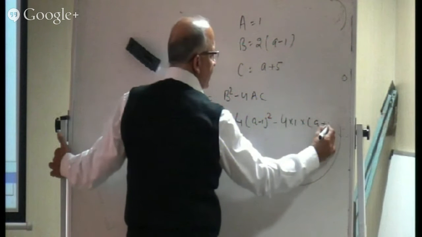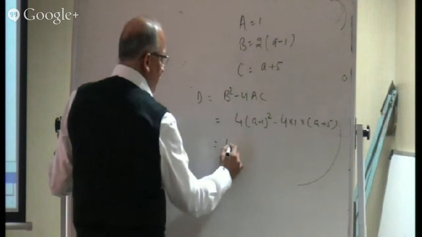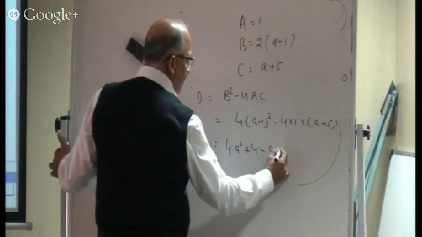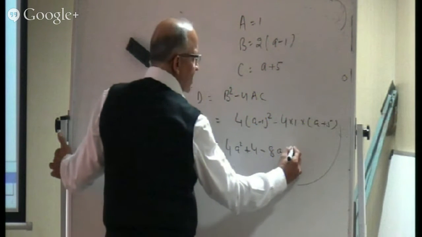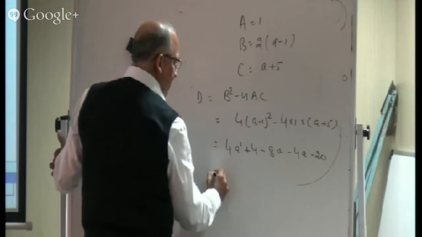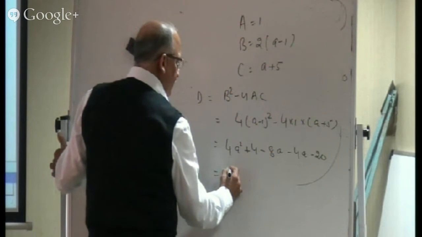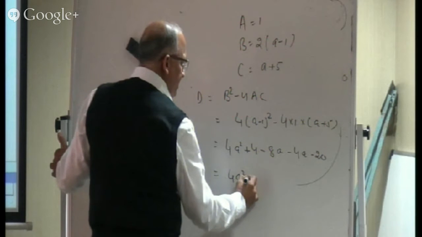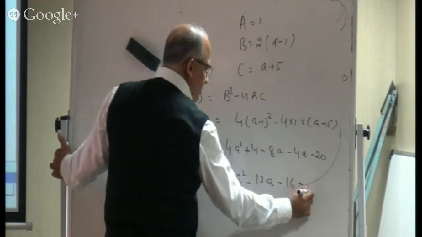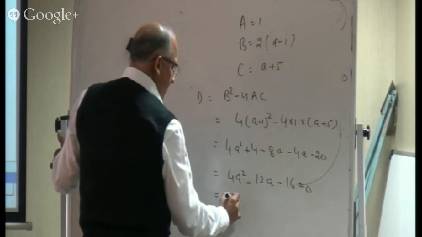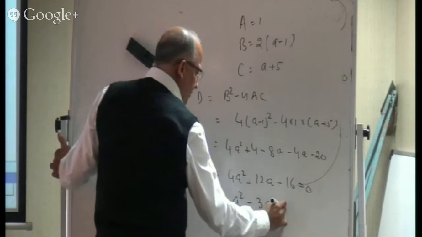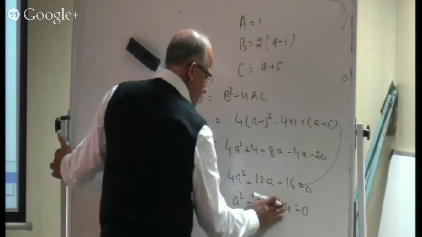Can we simplify it? It is 4a square plus 4 minus 8a minus 4a minus 20. That means 4a square minus 12a minus 16, and it is a square minus 3a plus 4 minus 4.